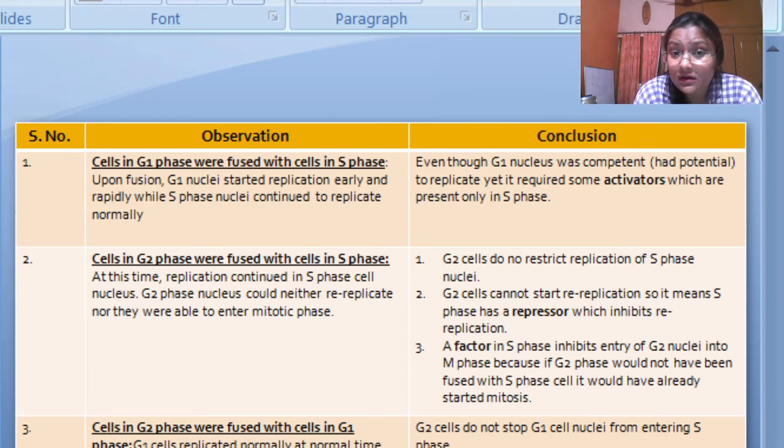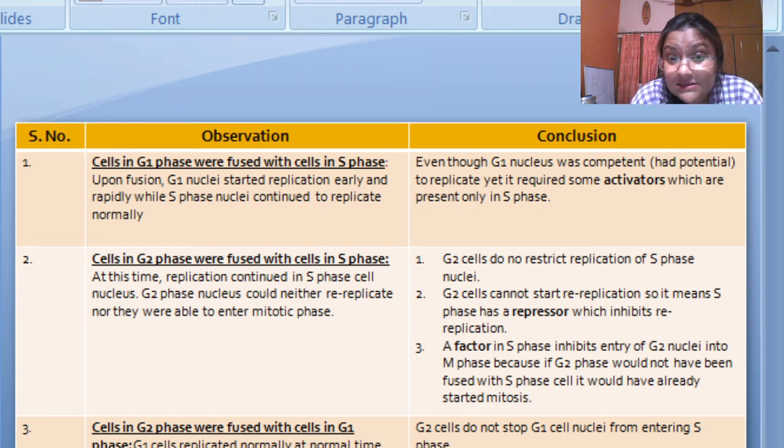It was fully competent to replicate, yet it required some activators to enter into S phase, and these activators are only present in S phase, because when it was fused with S phase cell, then only G1 phase nucleus entered into S phase.